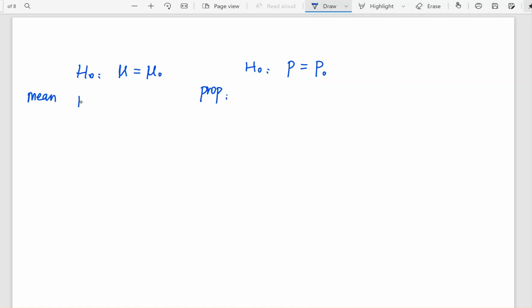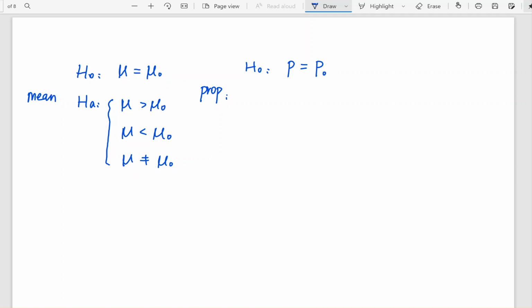And then for the alternative hypothesis, we have 3 options, right? So for example, mu larger than mu0, mu less than mu0, or mu not equal to mu0, right? We call the first 2 options the one-sided tests, and the last one is the two-sided test.